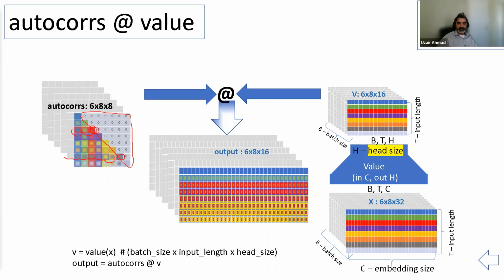And here you see the role of value. The third network in the self-attention block will take the same input and project it into a new space where the output layer is head size. It is equal for key and query networks. All three networks' structure is identical. They're learning different things.